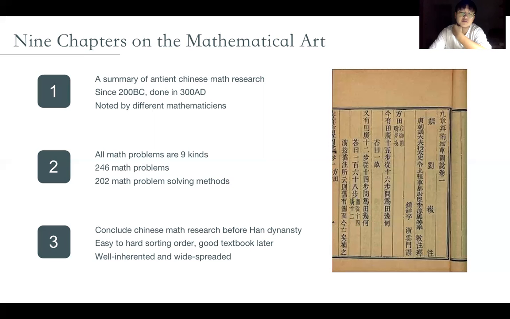This book is well sorted, from easy to hard, and later it became a really good textbook for Chinese people in the Tang Dynasty and the Song Dynasty, which is around 1000 AD. That is 700 years after the book was finished, so it was really well inherited and widespread.